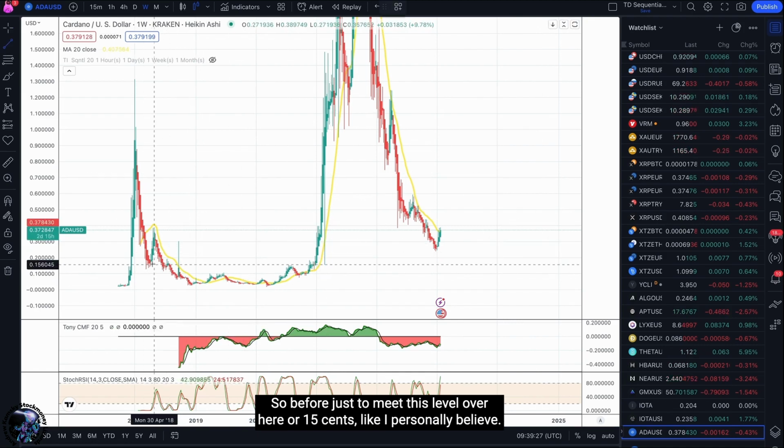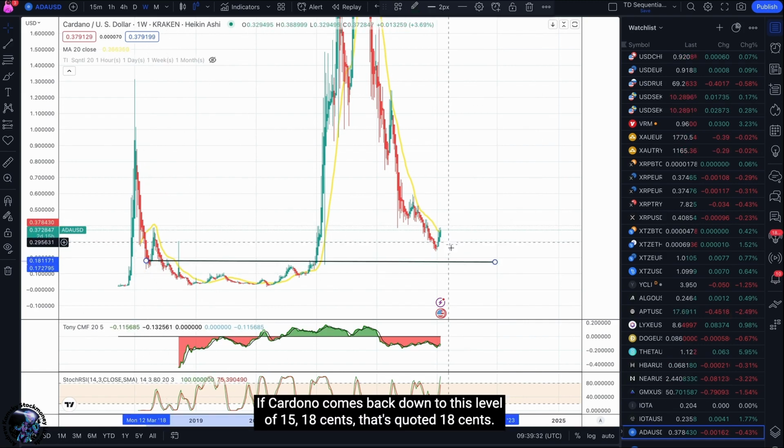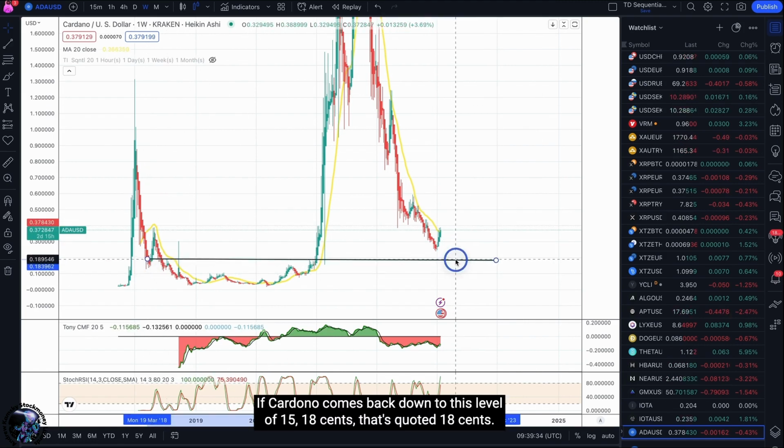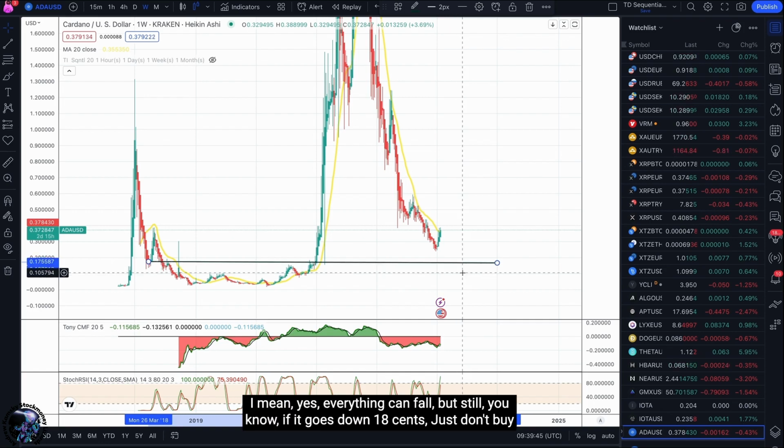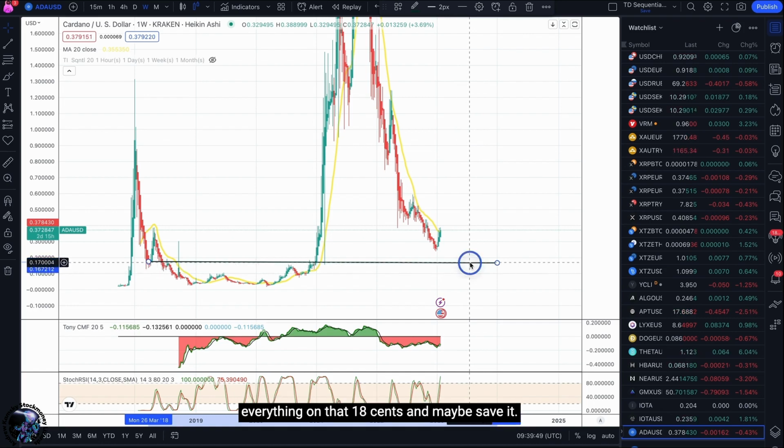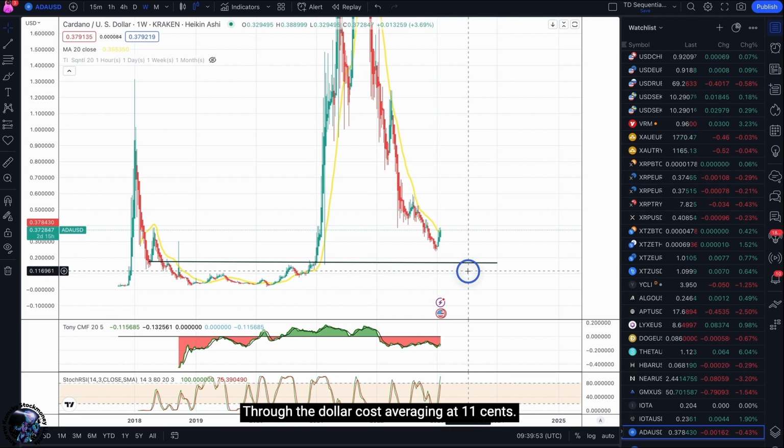I personally believe if Cardano comes back down to this level of 18 cents, let's call it 18 cents, that's a great buy, because 18 cents, how much more can it fall? I mean, yes, anything can fall, but if it goes down to 18 cents, just don't buy everything on that 18 cents, and maybe save a little for dollar cost averaging at 11 cents.